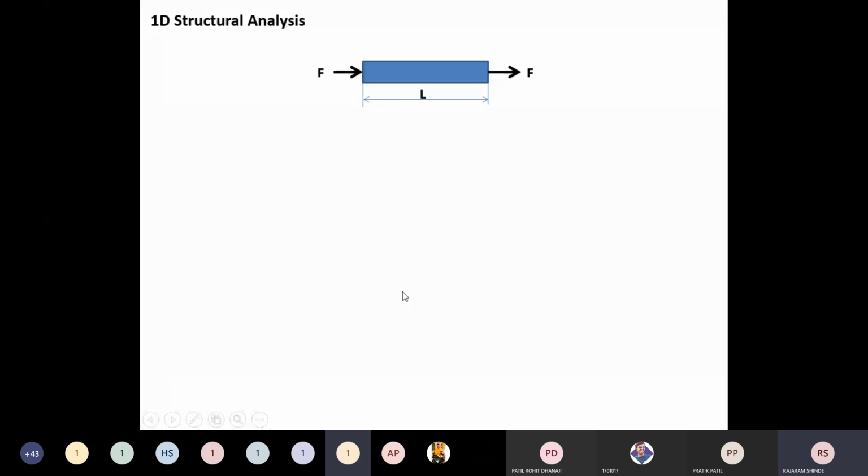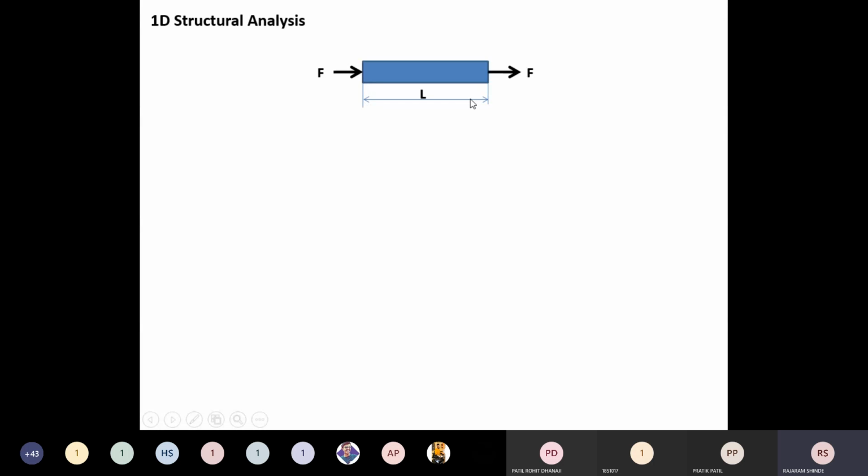Yes, sir. Okay. Now here you have seen the basic rule for the discretization. After this basic rule, we will start the discretization of this problem. Now I will assume this problem has a small cross section as compared to its length. That means cross sectional area is small as compared to length.